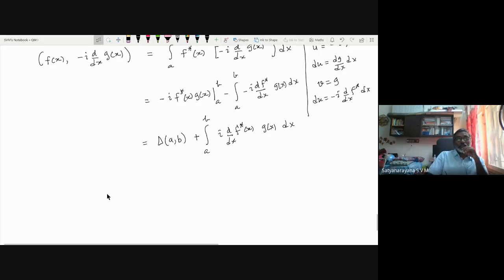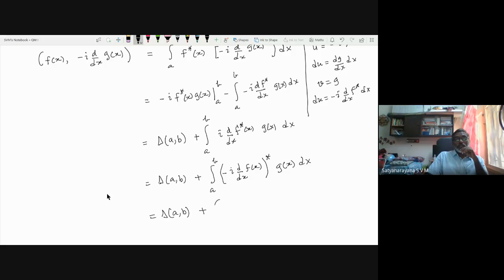Or I can write this as delta a comma b plus the integral from a to b of minus i d by dx into f of x, the whole star, because when I take the whole star, this minus i star becomes i, and this is what I will have here, into g of x dx. So which is equal to delta of a comma b plus the inner product of minus i d by dx into f of x, with g of x.